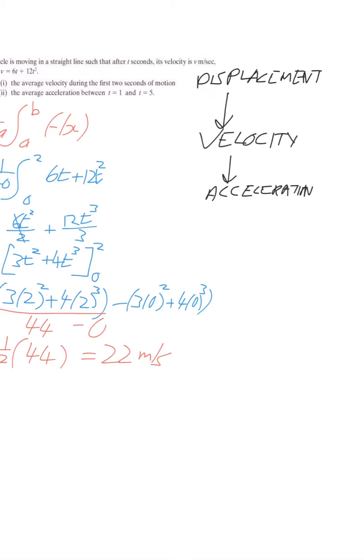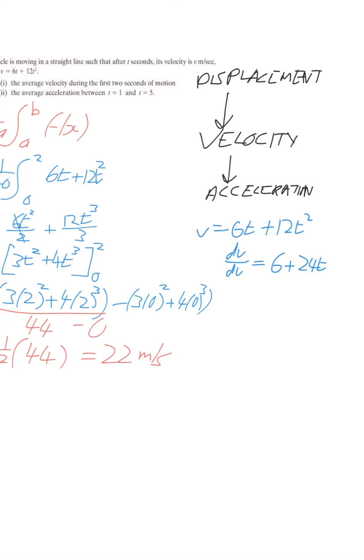So what I need to do, I will need to differentiate the 6t plus 12t squared. So I have v is equal to 6t plus 12t squared. Then dv dt will be equal to 6 plus then 24t.